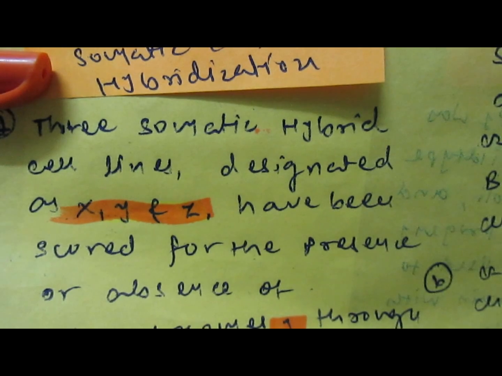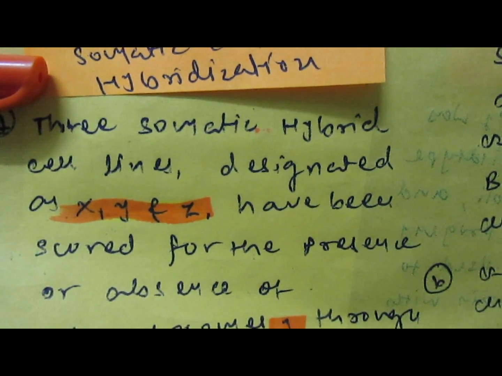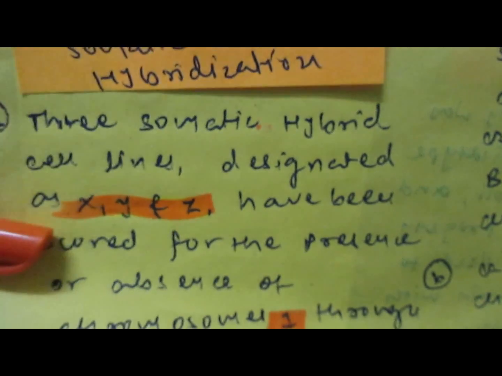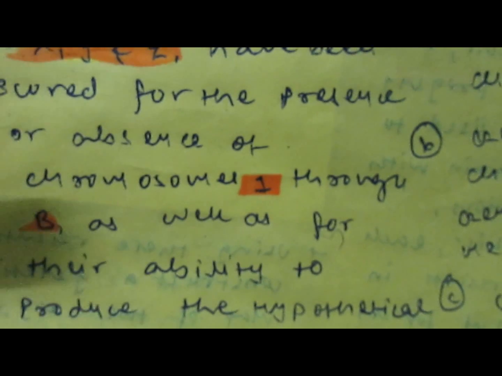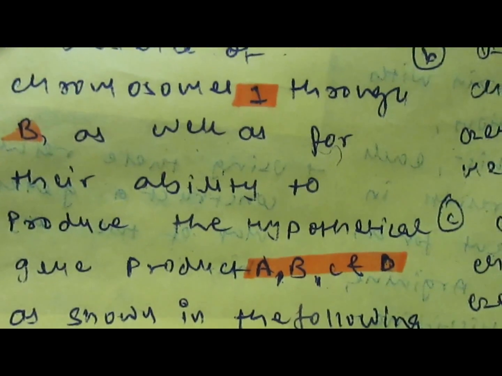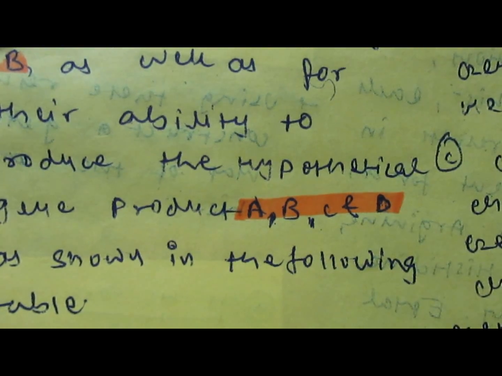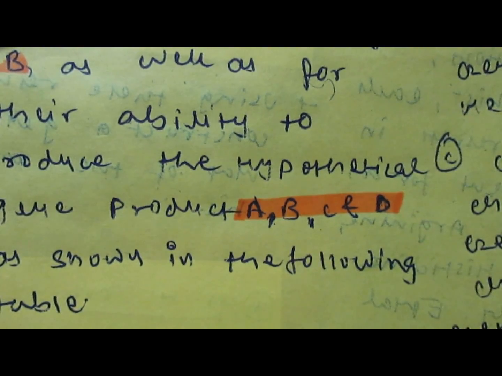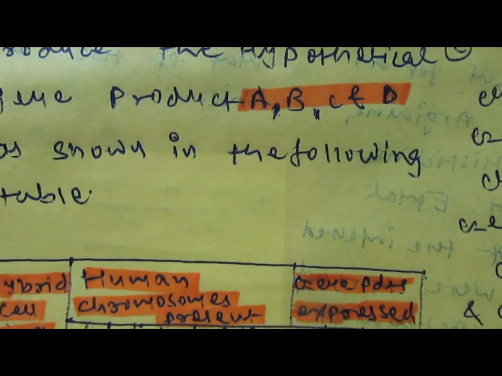There are three somatic hybrid cell lines given, designated as X, Y and Z, that have been scored for the presence or absence of chromosomes 1 through 8, as well as for their ability to produce hypothetical gene products decoded as capital A, capital B, capital C and capital D, shown in the following table.